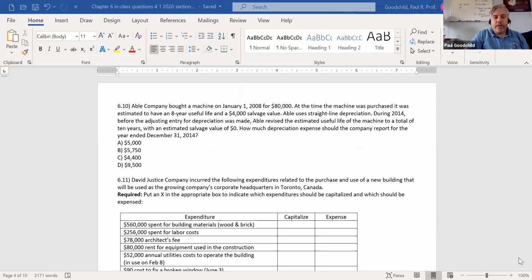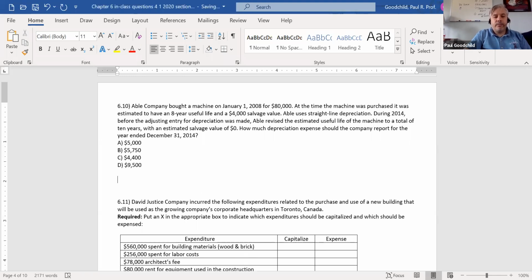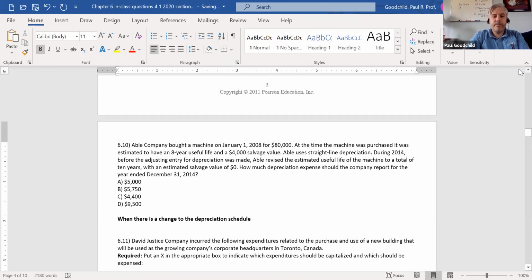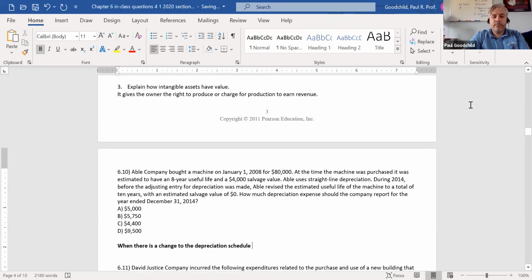This last one that I want to cover relates to changes in the depreciation schedule. So when there is a change to the depreciation schedule, the change is going forward.